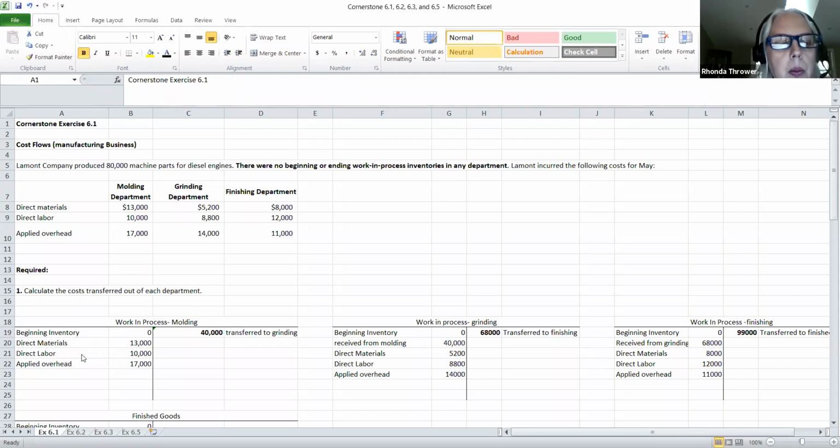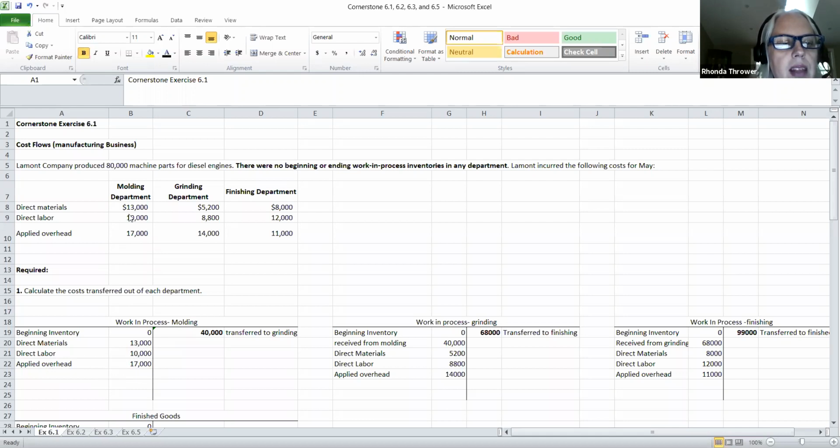The molding department has its own people who work on those materials, and that's going to be the direct labor. Each department has some applied or estimated factory overhead, and that estimated factory overhead would be calculated like we did in a previous chapter.